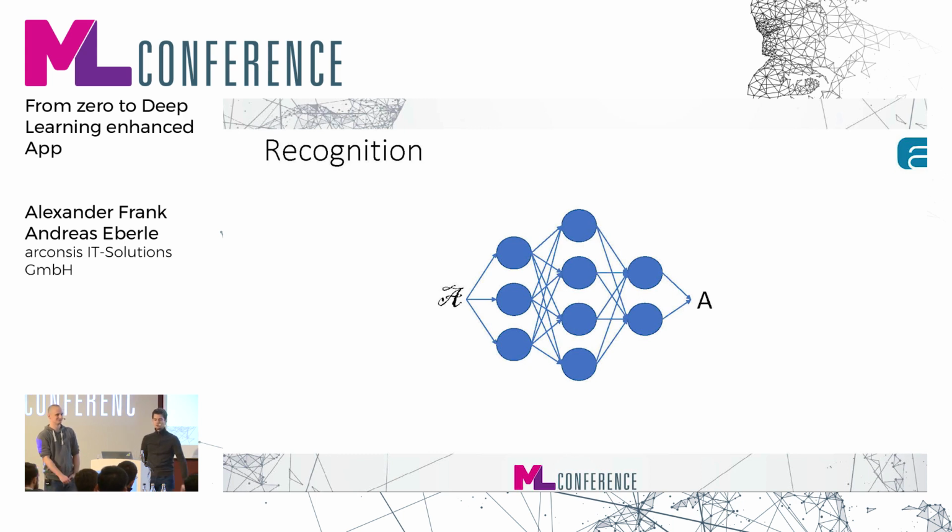For the recognition task, obviously we did not use such a network. We used CNNs, convolutional neural networks, because they are really, really good for image recognition. What's important for practical usage is that you don't want to feed in single images all the time. Obviously, we want to use batches of images, also on the mobile.